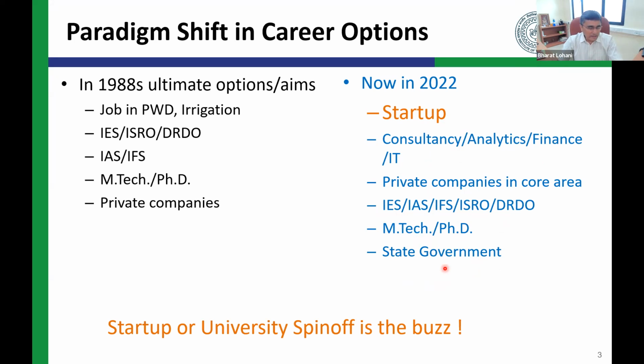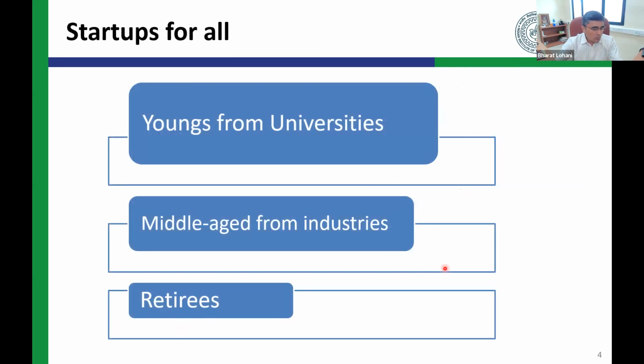Now, in this scenario, the startup or the university spin-off is the buzzword. Of course, it's not for only the young. I always say this, startup is not only for the young, because sometimes we connect a startup with the young. It is not so. It is for young people who are in the university, who have just graduated, or 1, 2, 3 years in the job and still young and want to start.